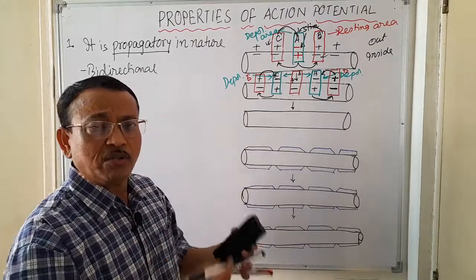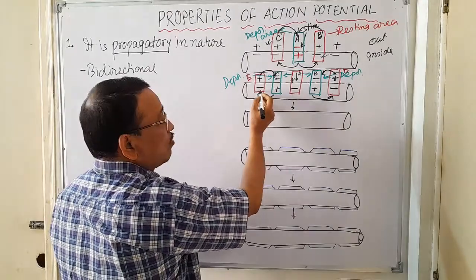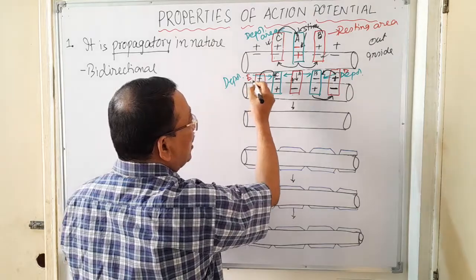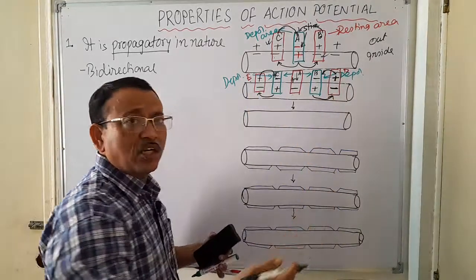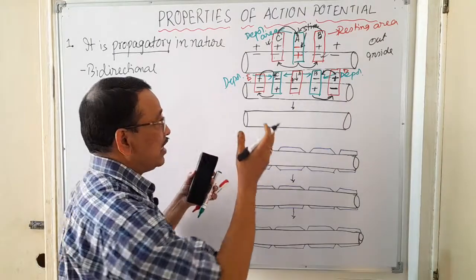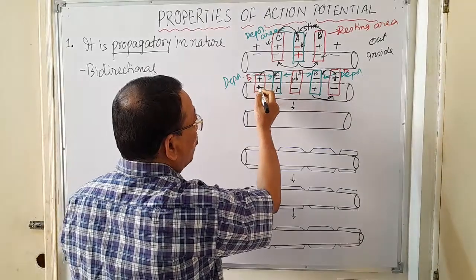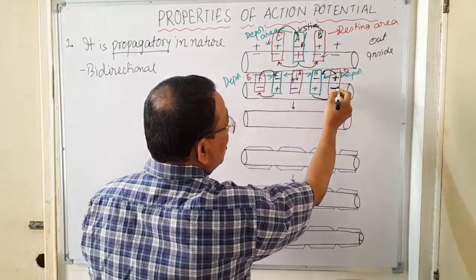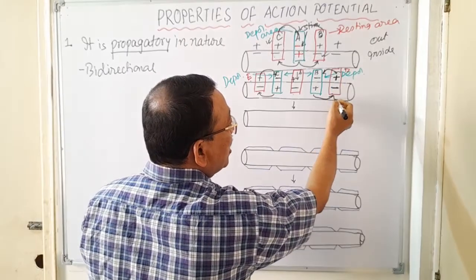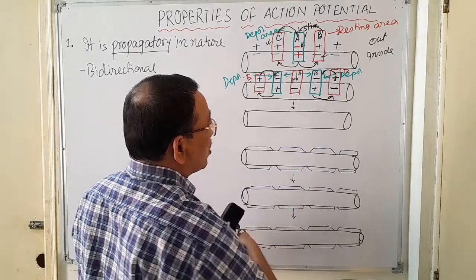The flow of positive ions will take place locally, and that will again bring the potential difference at point E and point D towards the firing level or critical level, and that ultimately results in the opening of the voltage gated sodium channels at point E and at point D. So this area will again be depolarized, and this area will again be depolarized. So what happens?